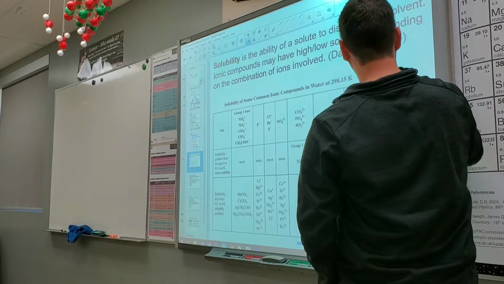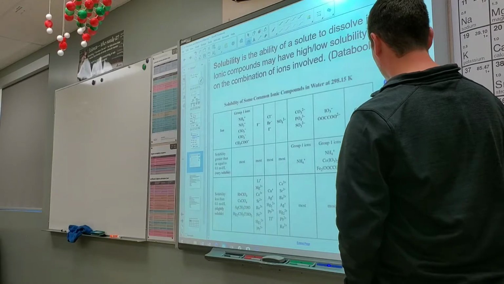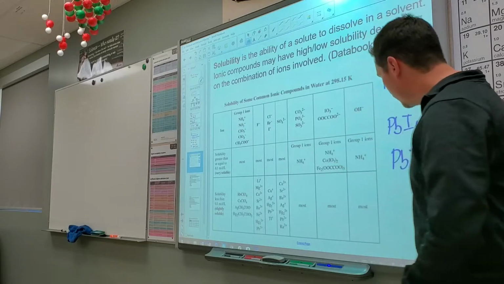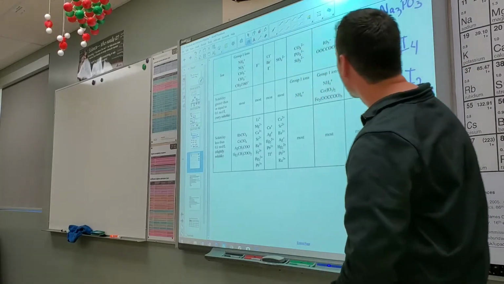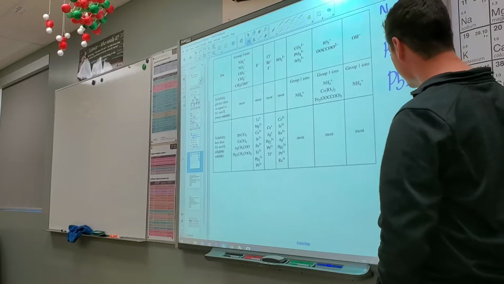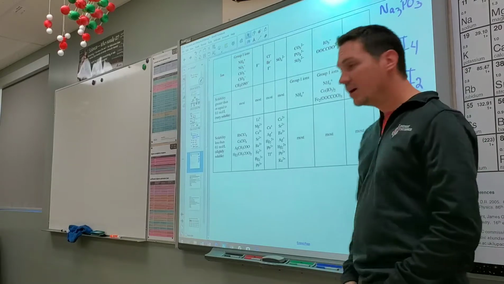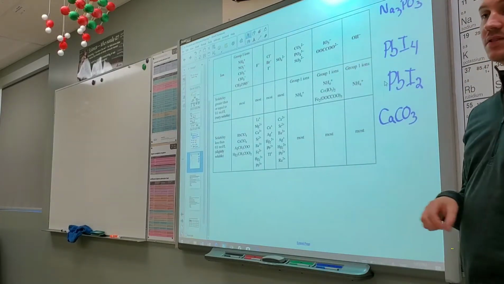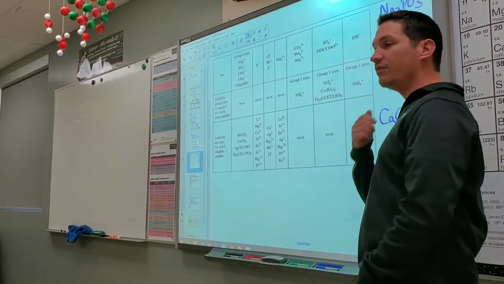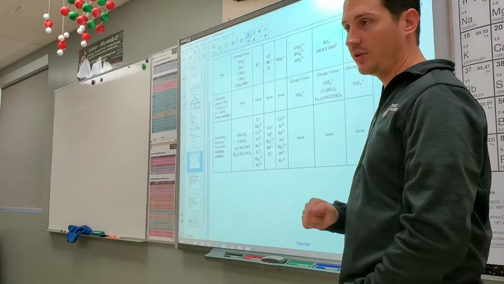Sodium phosphate. There we go. So I've got 4 compounds listed on here. I want you to tell me, are they very soluble in water or are they only a little bit soluble in water?